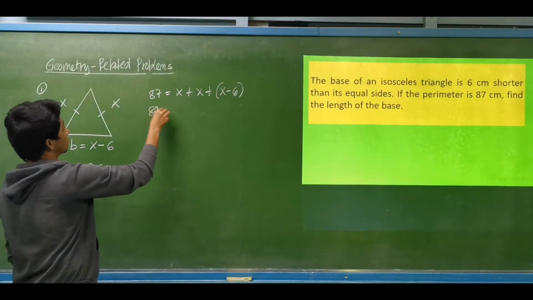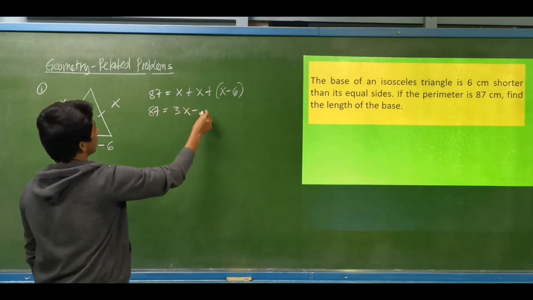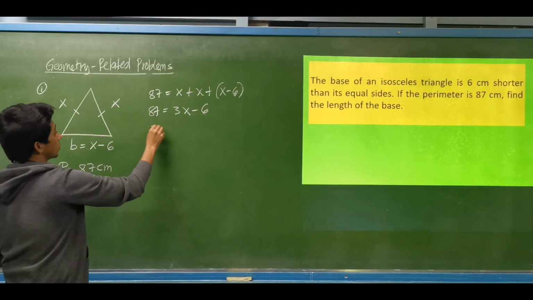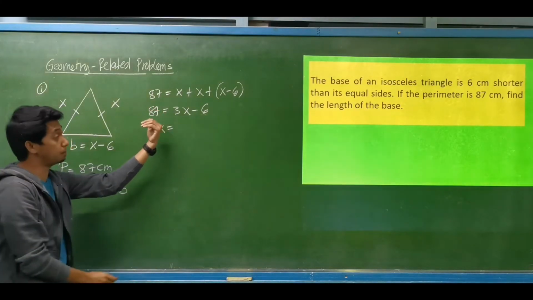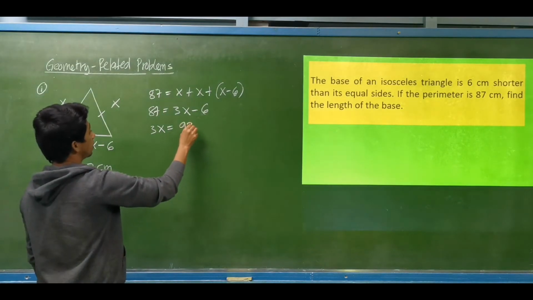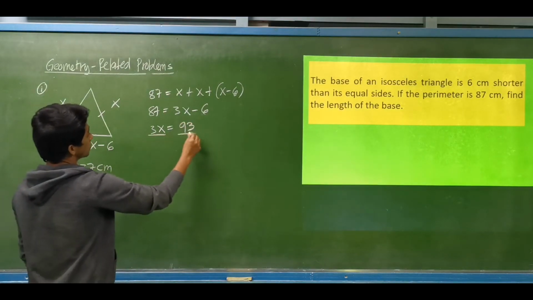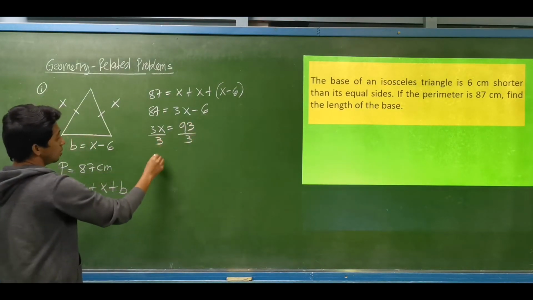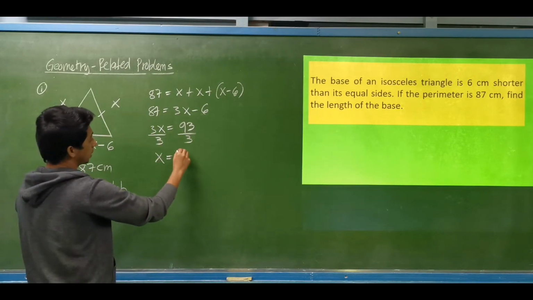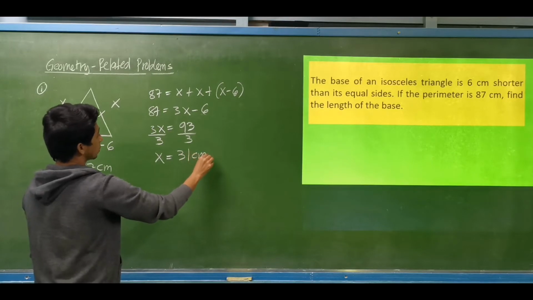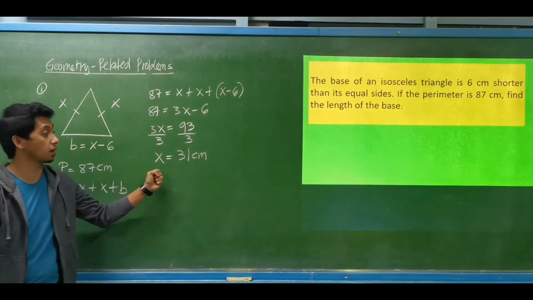So this is 87 equal to 3x minus 6. So 3x equal to 87, transpose, plus 6 is equal to 93. Dividing both sides by 3, the dimension of the equal side is 93 divided by 3, which is 31 centimeters.